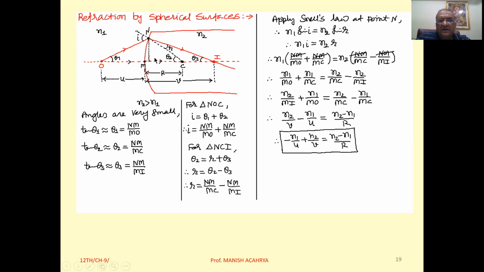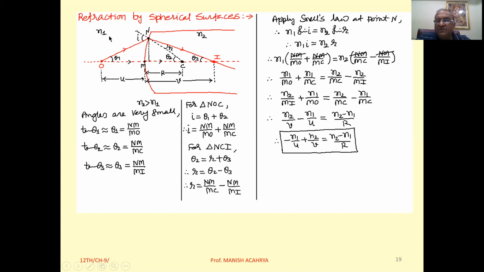Okay. Now, if we draw the line element CN, then CN is the radius of curvature. So at N, that will be the normal. So for this incident ray, this i is the angle of incidence.